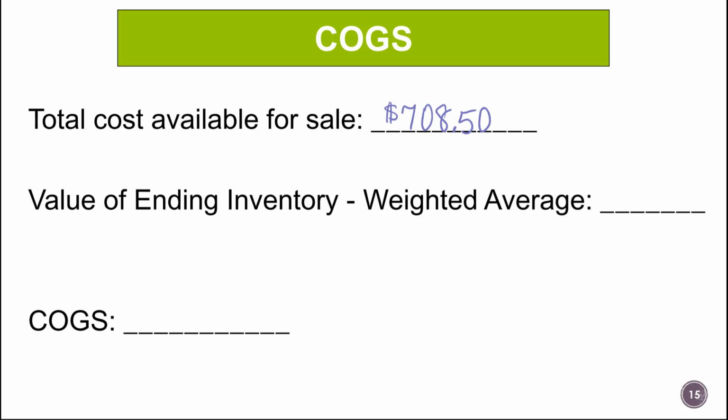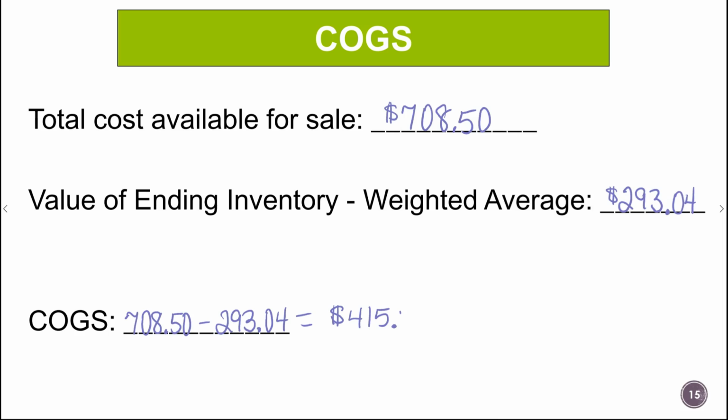So we did weighted average ending inventory, and it was $293.04. And so to find cost of goods sold, we simply subtract. So $708.50 minus $293.04, and that will be the amount that we sold for the year.